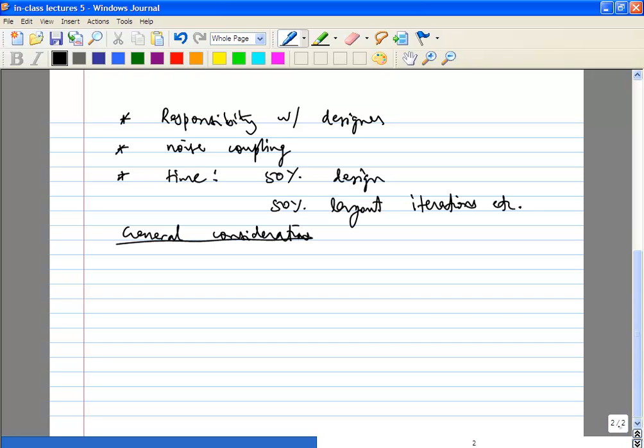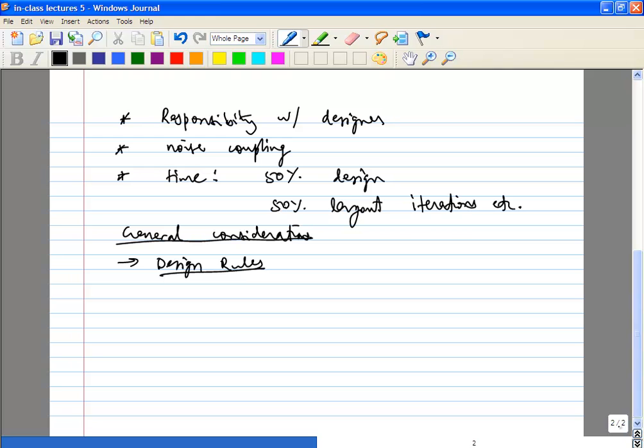First of all, if you want to do layout, you need to know what are called design rules. Okay, so design rules will typically tell you, for example, how close something can be placed to another. So all of these design rules are in place because the foundry or the process engineer wants to maintain the integrity of the process.